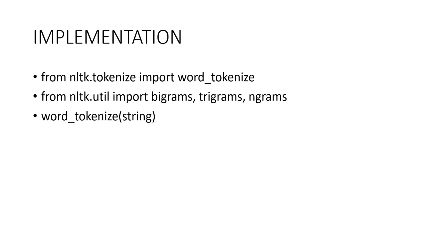To implement tokenization using NLTK, this is very important: from nltk.tokenize you import word_tokenize. That's the thing that will do all the magic. For getting bigrams, trigrams, and ngrams, you can use from nltk.util import bigrams, trigrams, and ngrams.